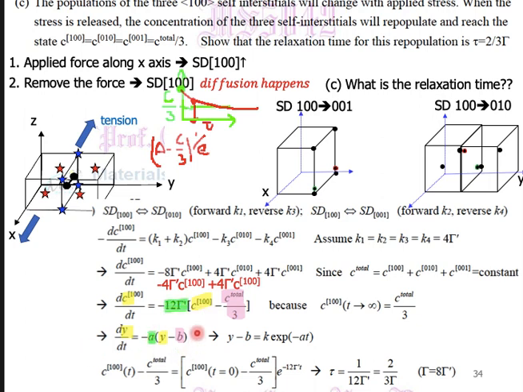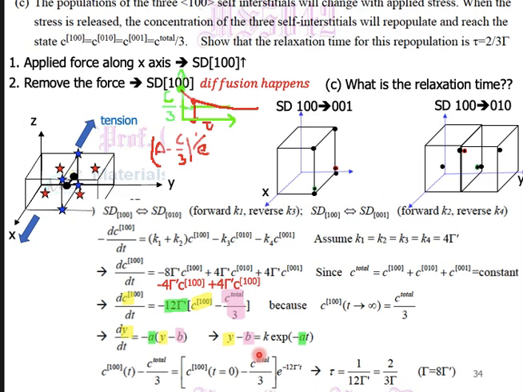So I check the mathematics books and find similar equations here. And the solution for these equations is like this. So here, the Y is C100, the A is 12 gamma prime, and the B is C total, a parameter. So in the solution, the only unknown parameter will be the K, right?